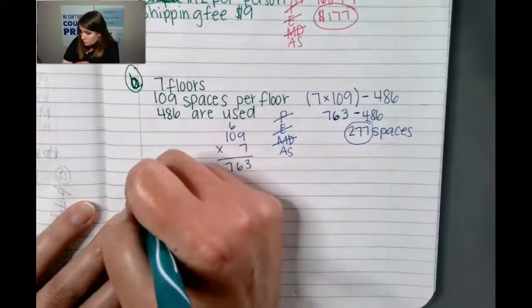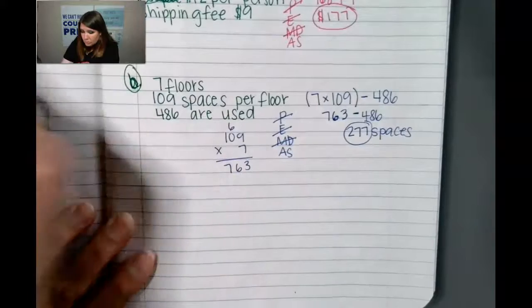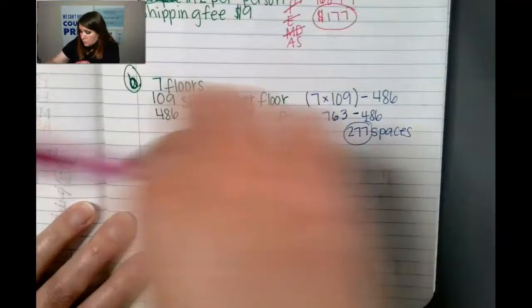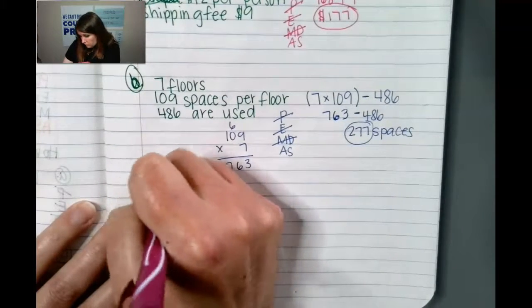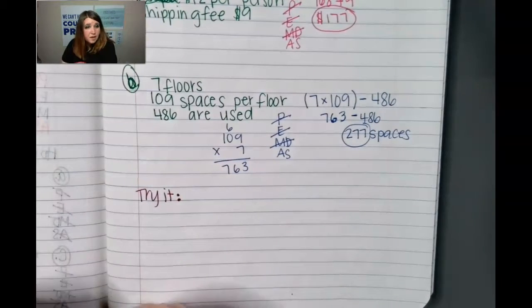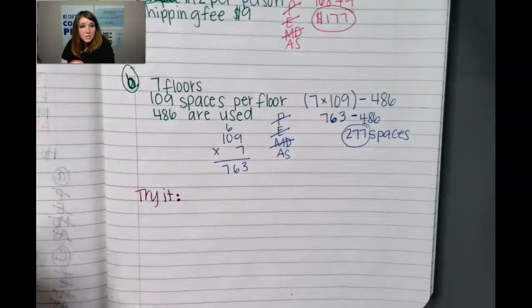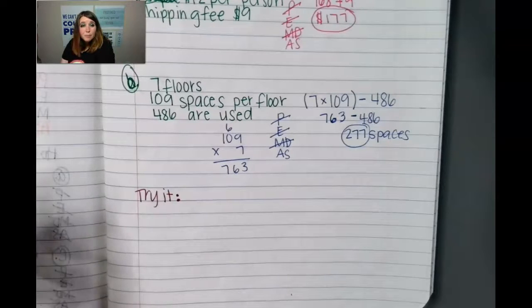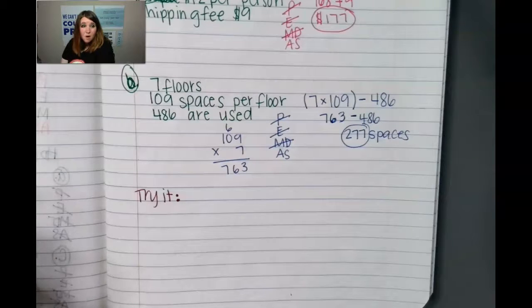All right. I'm going to use a different color so it sets it apart. All right. At a fair, you ride the swinging ship 3 times and the bumper cars 5 times. We want to know how many tickets you use in all.